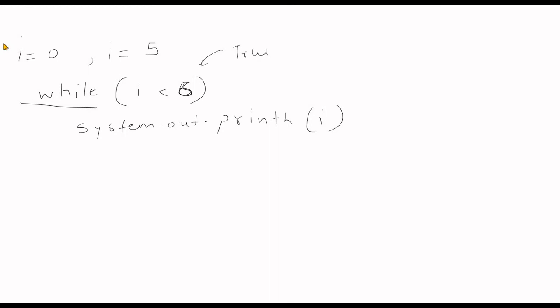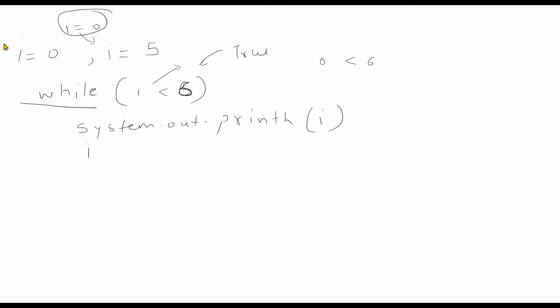Now the while loop is performed till the certain condition remains true. So if we have declared i as 0, then this condition will always be true because 0 will always be less than 6. So we have to update the value of i every time our loop is performed.